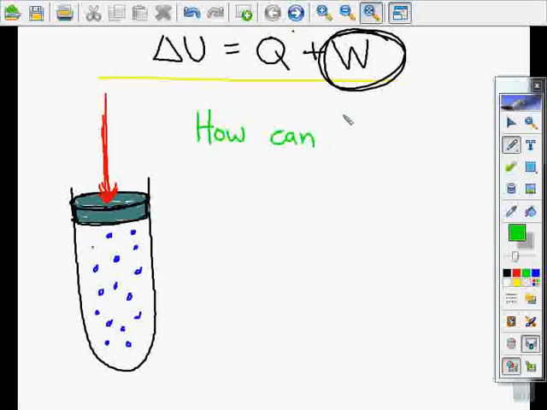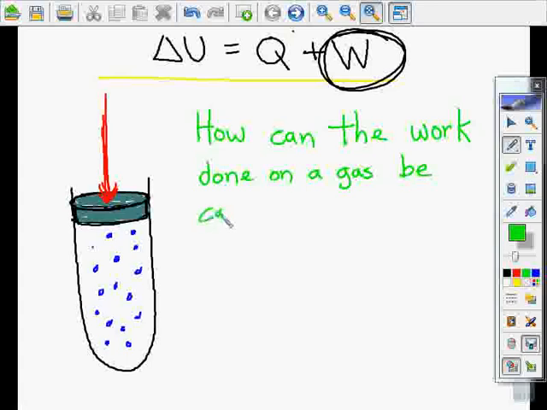How can the work done on a gas be calculated? Yeah, this is probably going to be the next lesson. How can the work done on a gas be calculated?